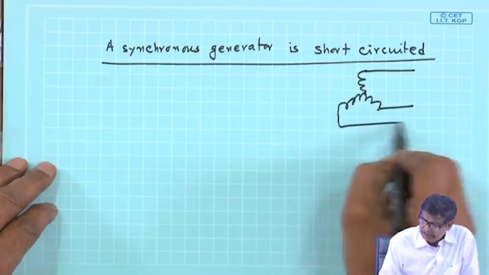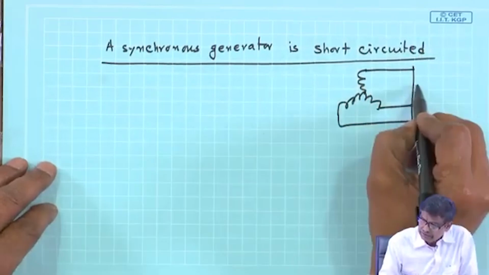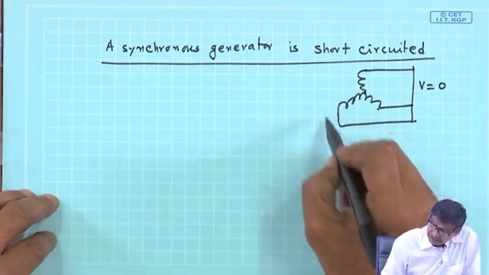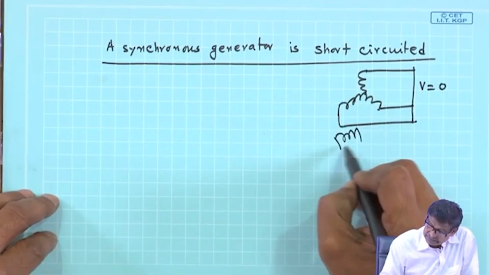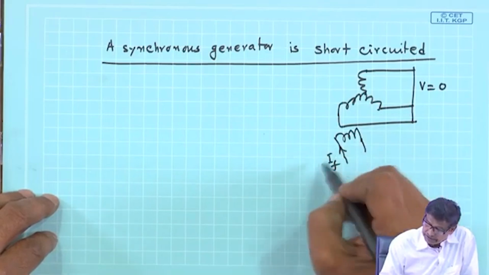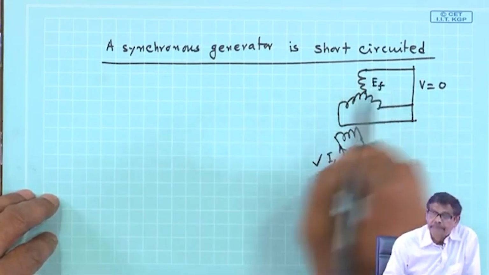The armature terminals are not connected to the bus, but are short circuited, which means that V equals 0, the terminal voltage is 0. Of course, excitation is present, so there will be EF generated.